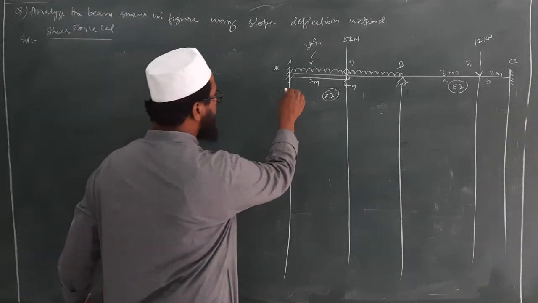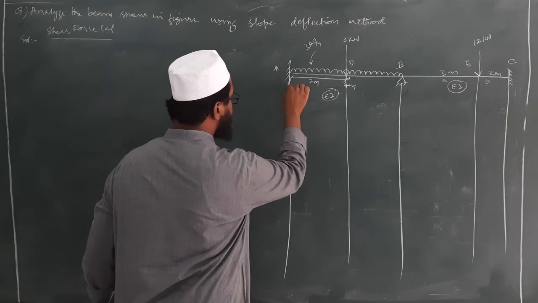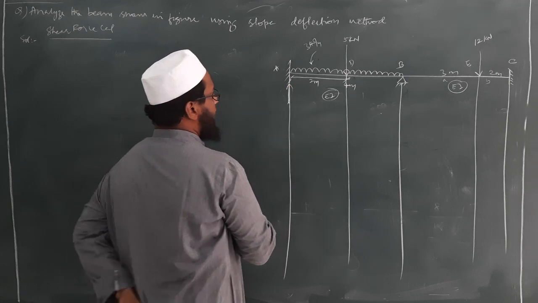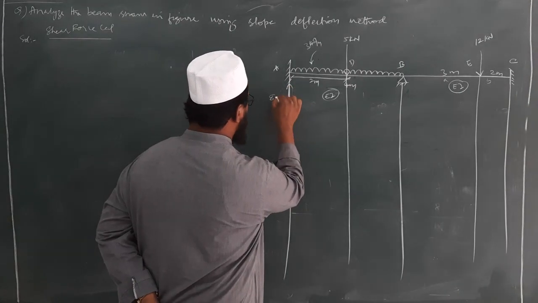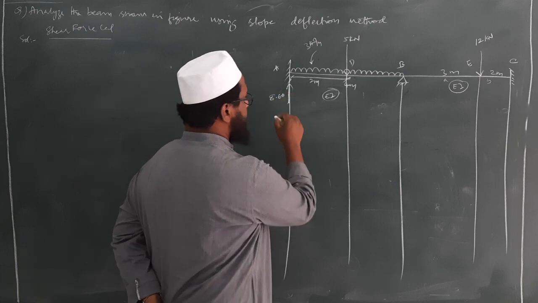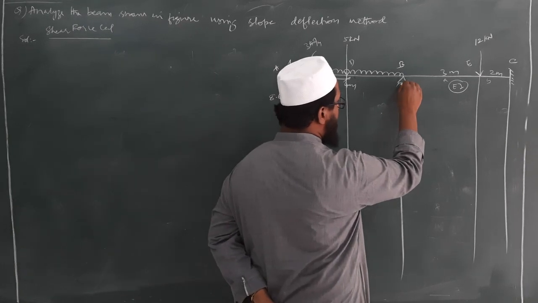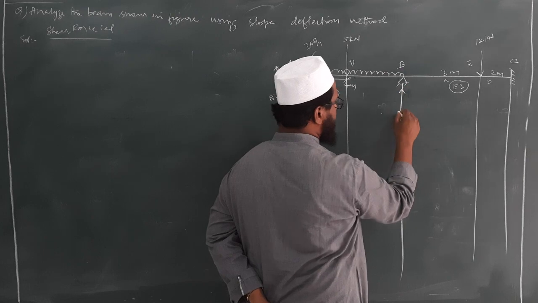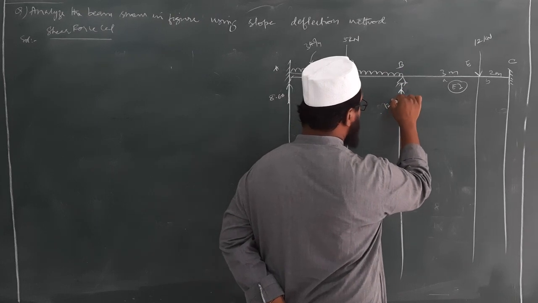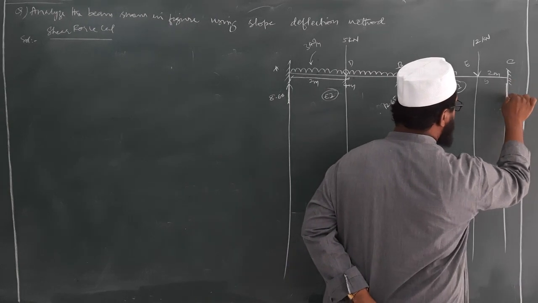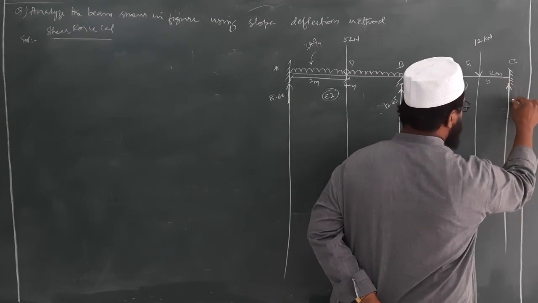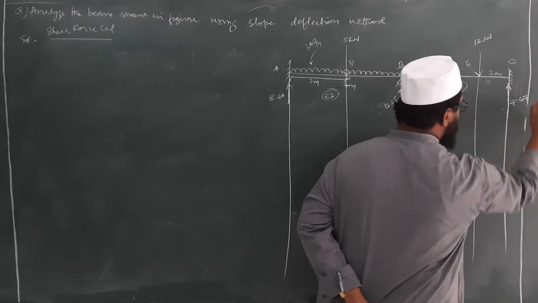Can you tell me what is the value of RA we have? RA, how much? 8.66. What is the value of RB we have? Final RB? 12.65. What about RC? 7.67.